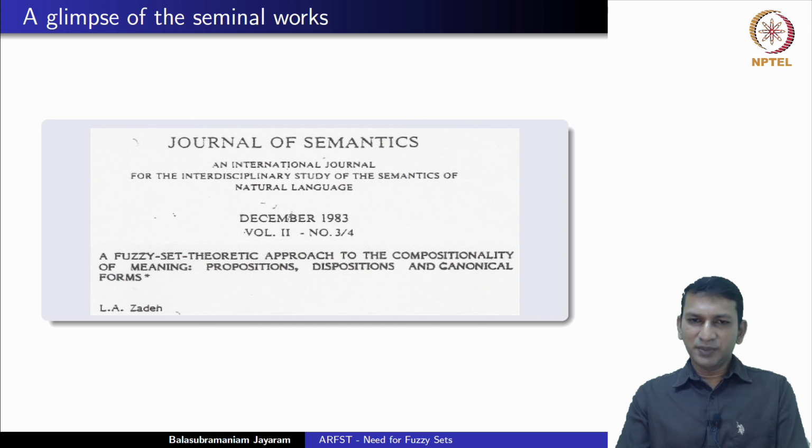This is another paper of Zadeh himself, which deals in a more semantic way with what a fuzzy set is. This appeared almost 15 years later, in 1983. Allow me to flash at you just two more works which you could see as seminal.